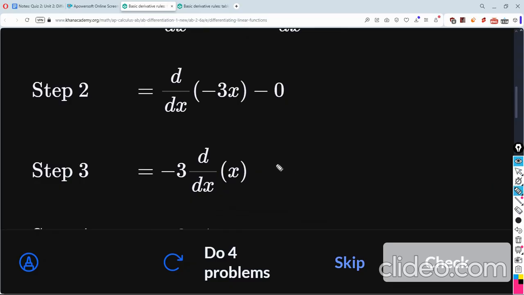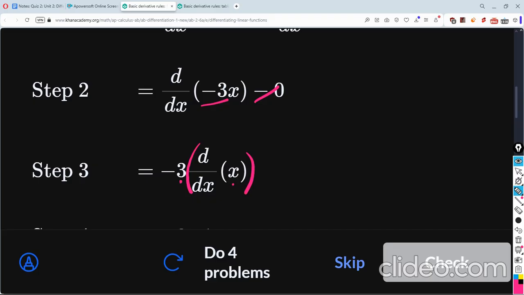Step 3. The person eliminated the 0 and took the derivative of negative 3x. The person separated the constant and the x term. You are allowed to do that. I don't really like this method that much, but you are allowed to bring the constant out front and then just take the derivative of the variable.